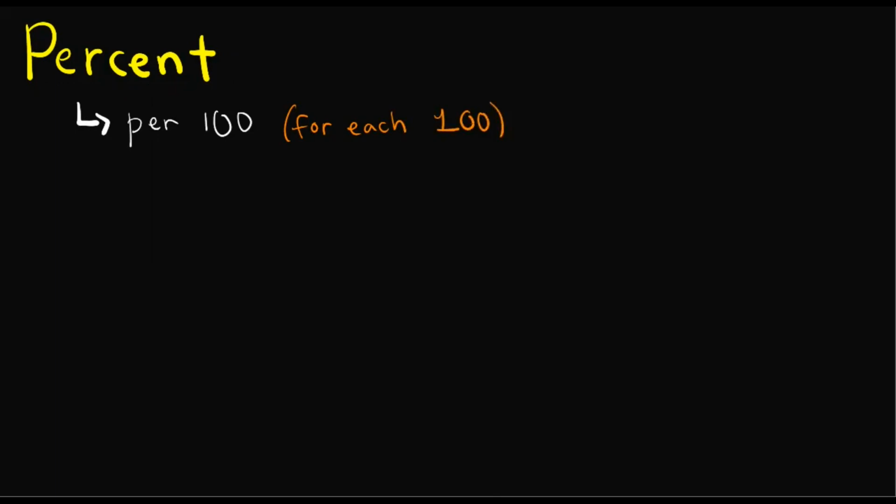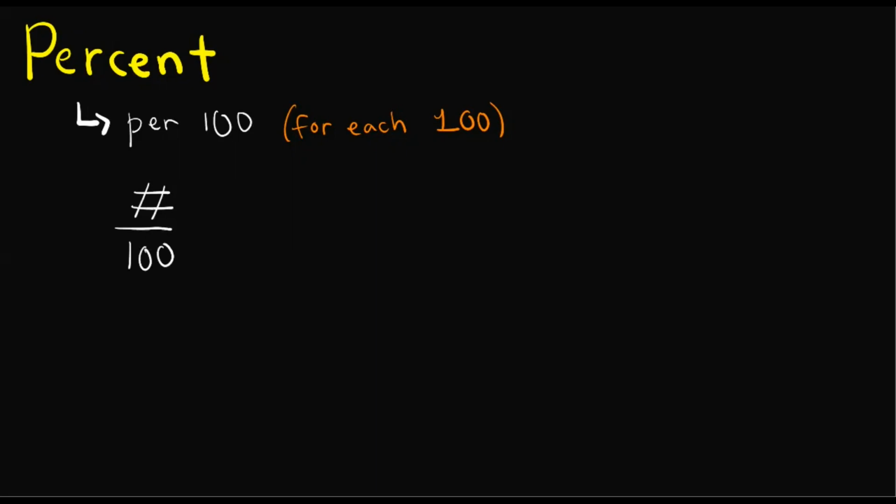So basically, percents are a special type of fractions where the denominator is 100, or we treat one whole as divided by 100 equal parts. So in fraction, we write it as, say, 1 over 100, like that.